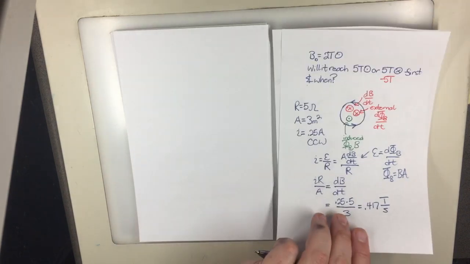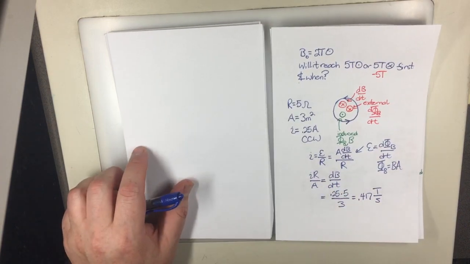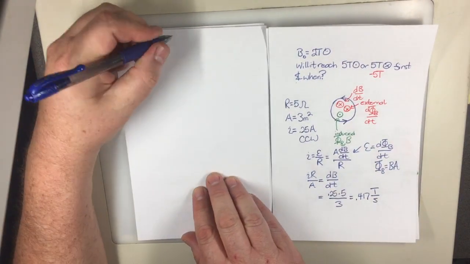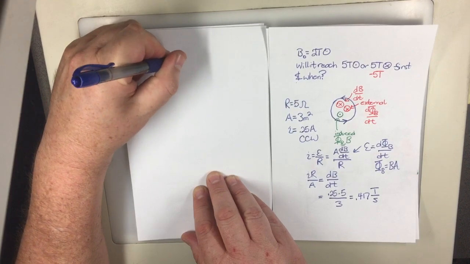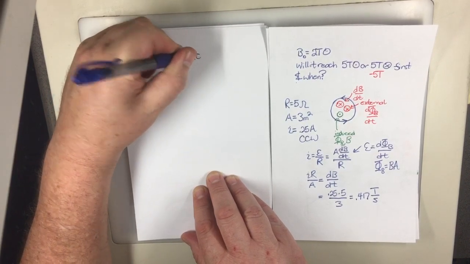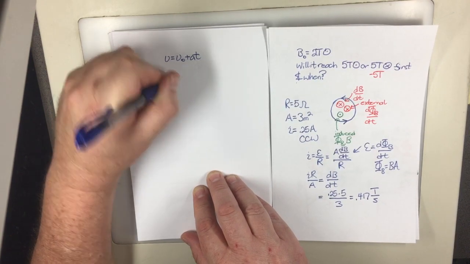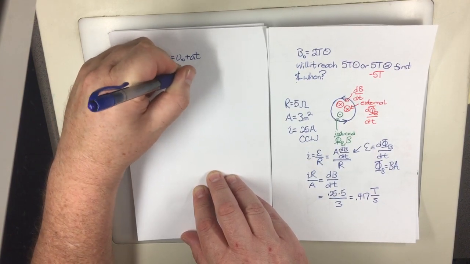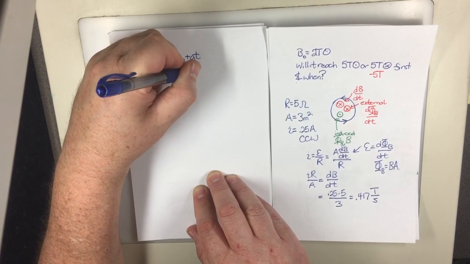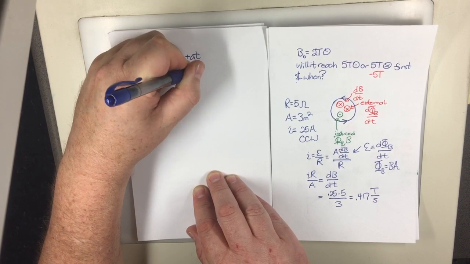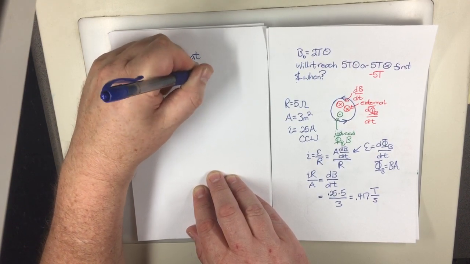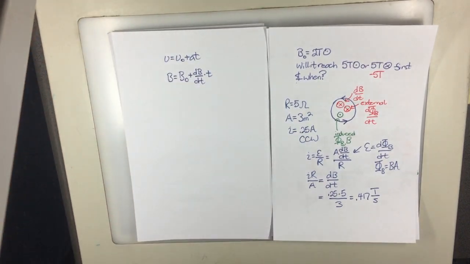So what we're going to do is we're going to take our velocity equation and shift it a little bit. The V equals V naught plus AT will become B equals B naught plus dB dt times time. So in a way we're treating the acceleration like the change in magnetic flux.